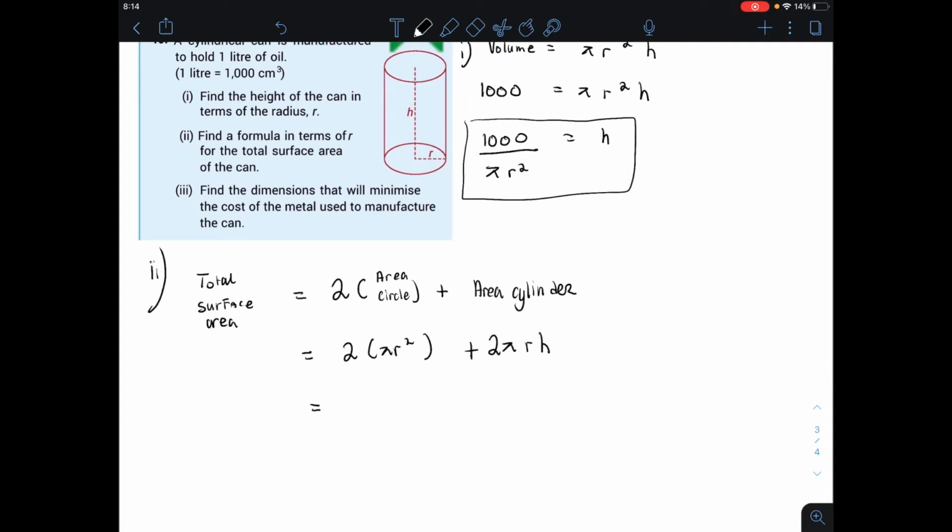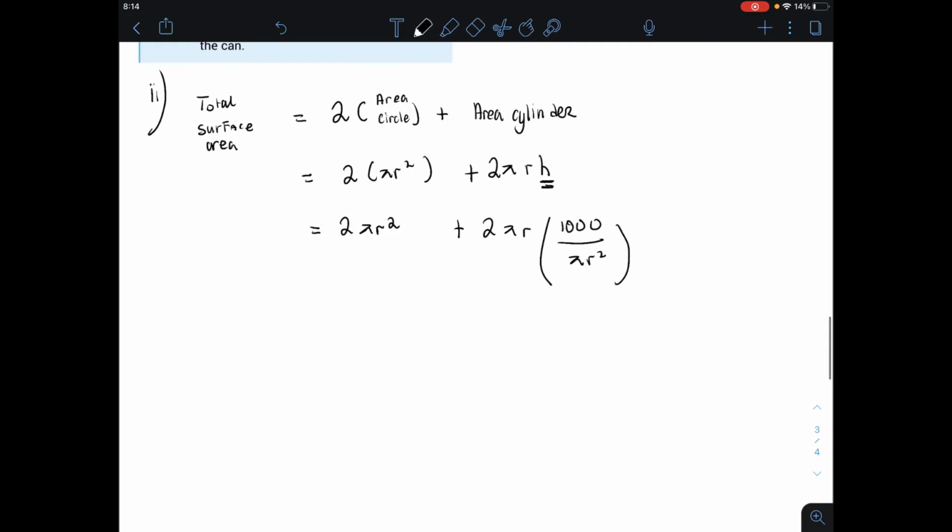We now want to write this simply in terms of r. So I need to substitute in my equation for height, written in terms of r, for h. This gives me 2 pi r squared plus 2 pi r times 1,000 all over pi r squared. Let's tidy this up.